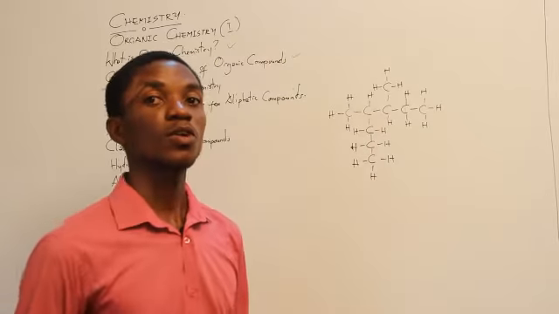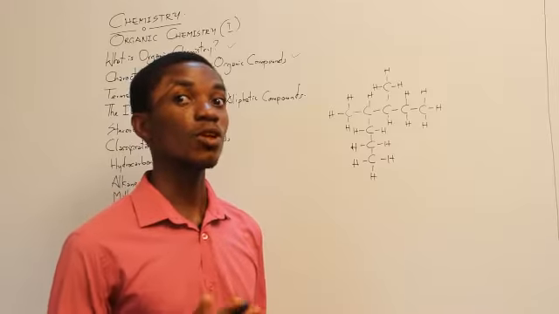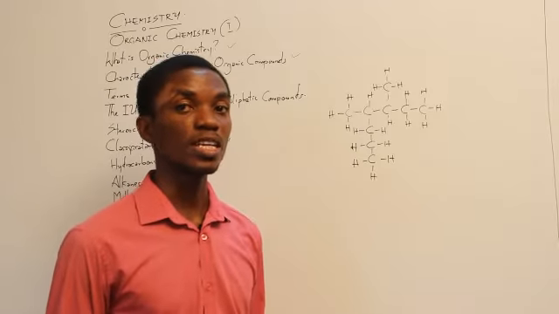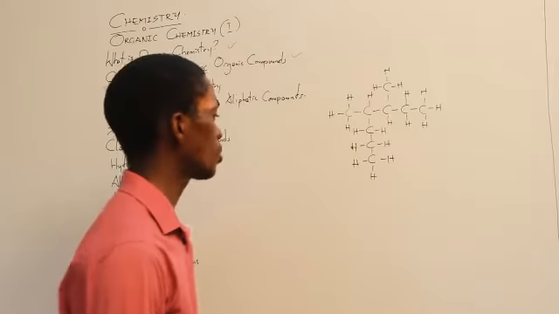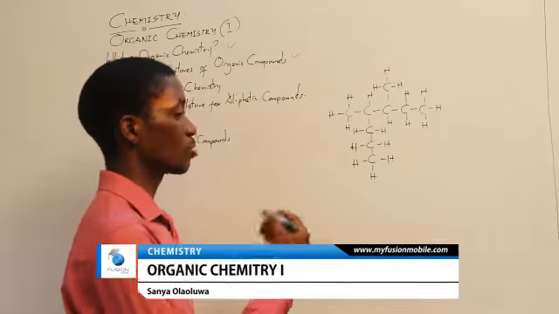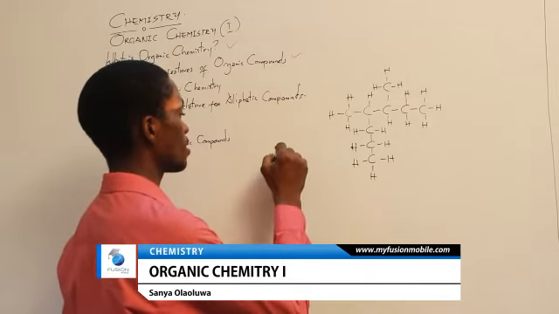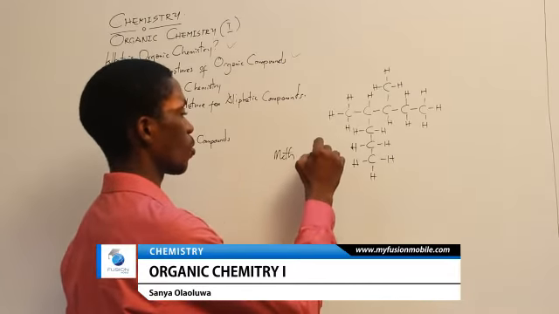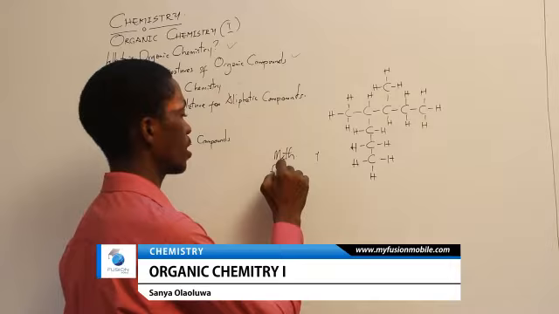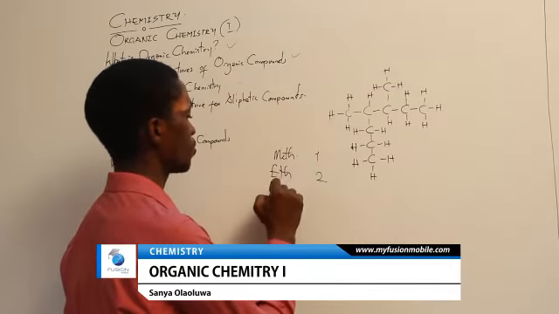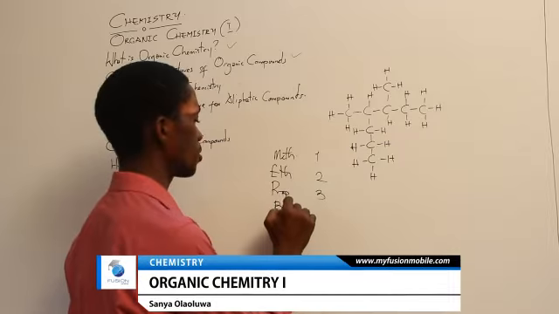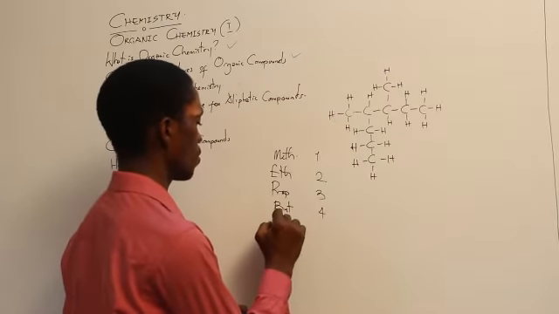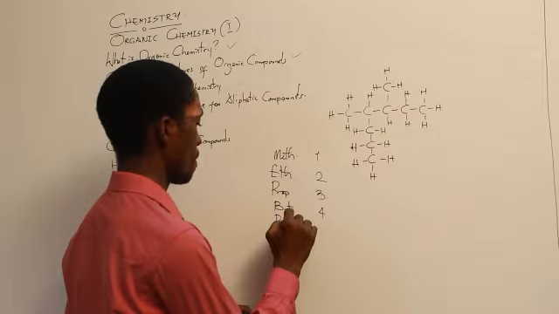And of course, when we come across something as long as 7, we'll give it the name hept. Of course, we will come to talking about structures where we have met. For 1, we have meth. For 2, we have eth. For 3, prop. For 4, but. For 5, pent.